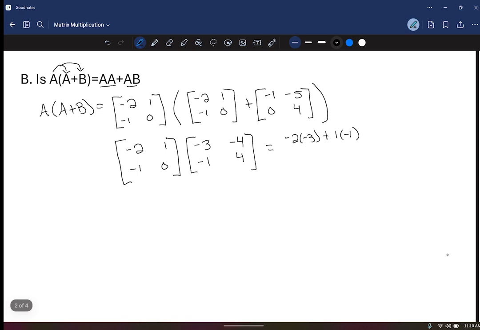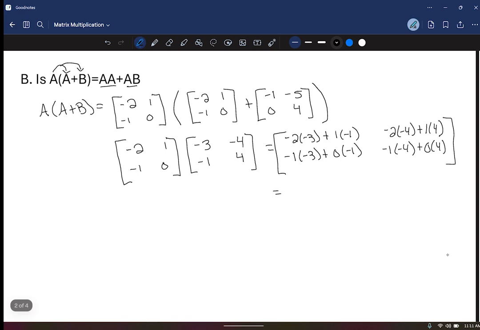First row, second column, -2 times -4 plus 1 times 4. Second row, first column, -1 times -3 plus 0 times -1. And second row, second column, -1 times -4 plus 0 times 4.